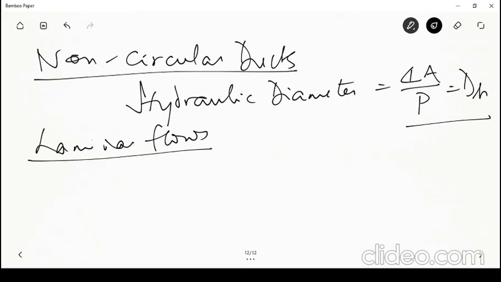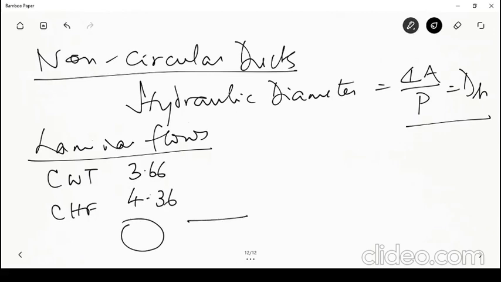In this you have the constant wall temperature and the constant heat flux cases. If I look at the geometry, if it's a circular duct, constant wall temperature is 3.66, this is something we saw, and constant heat flux is 4.36.